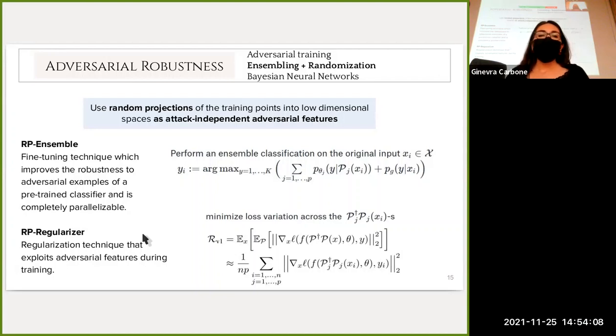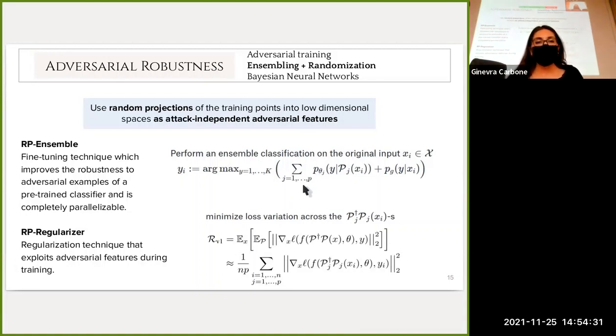Finally, we perform an ensemble classification on the test input, meaning that we compute a prediction from each one of these projected classifiers in the subspaces, and then sum up the probability vectors that we obtain from each one of them to achieve our final classification.